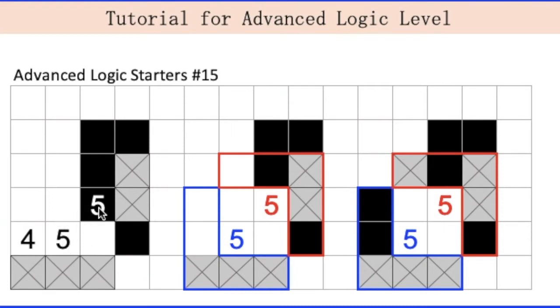If you look at these two numbers, 3 spaces are overlapping between the two fives, and the 2 more black spaces are needed to complete the 5. We need to find out whether those 2 spaces will actually land in this overlapping area or not.